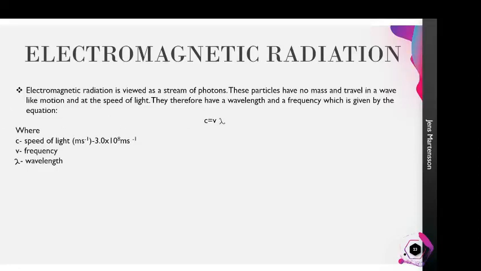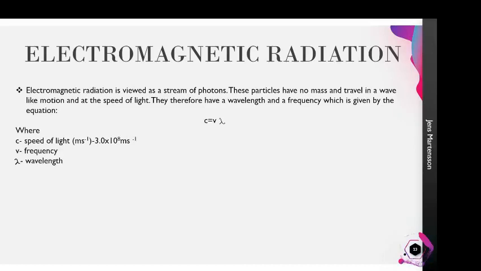So we have another type of radiation, which is electromagnetic radiation. Electromagnetic radiation is viewed as a stream of photons. These particles have no mass and travel in a wave-like motion at the speed of light.